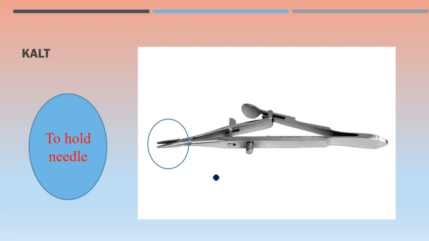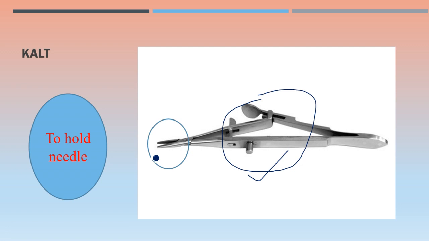The Colt needle holder. Just try to identify these types of instruments whenever you are asked or they are in front of you. Okay, you can see the spring action here, right? Spring action arrangement, a small distal part, and these needle holders are usually used with magnification.